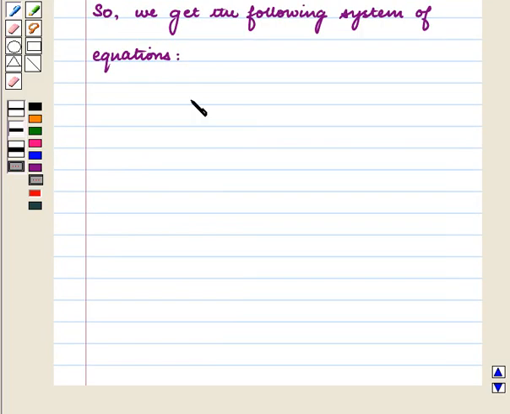So we get the following system of equations: a minus b plus c is equal to 6, a plus b plus c is equal to 2, and a plus 2b plus 4c is equal to 3.